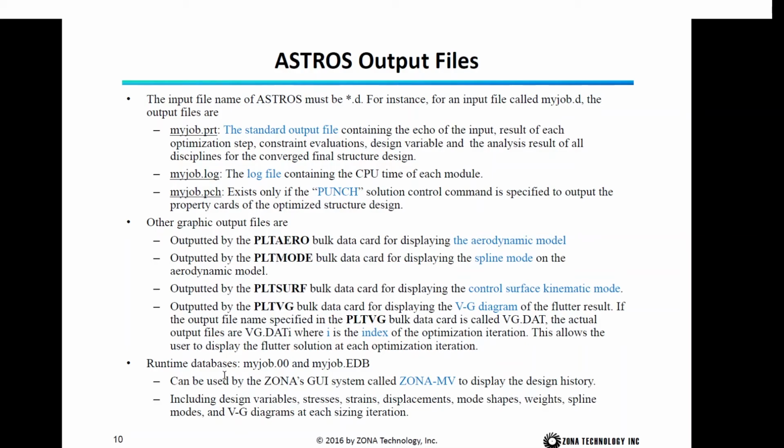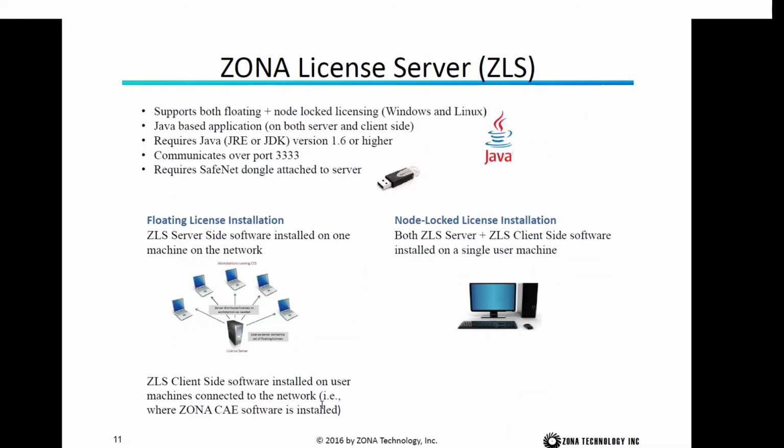And also you have the runtime databases called myjob.00 and myjob.edb. You can use the GUI system called Rona MV to display the design history, including design variables, stress, strains, displacements, mode shapes, weights, spline modes, and the VG diagram at each sizing iteration.